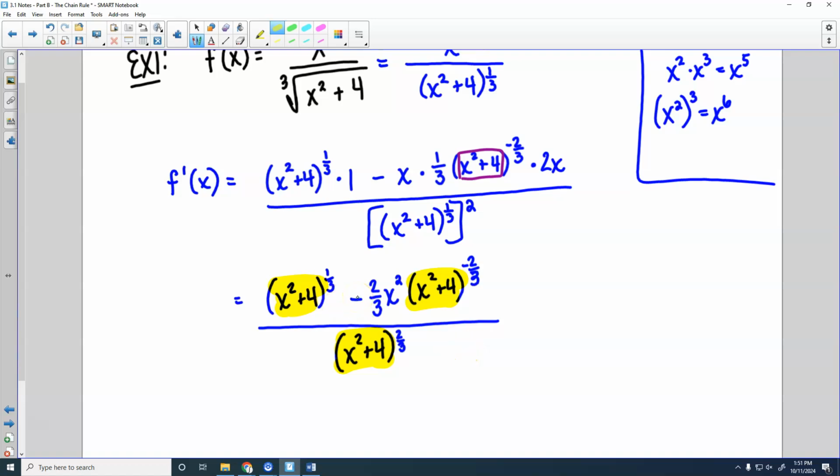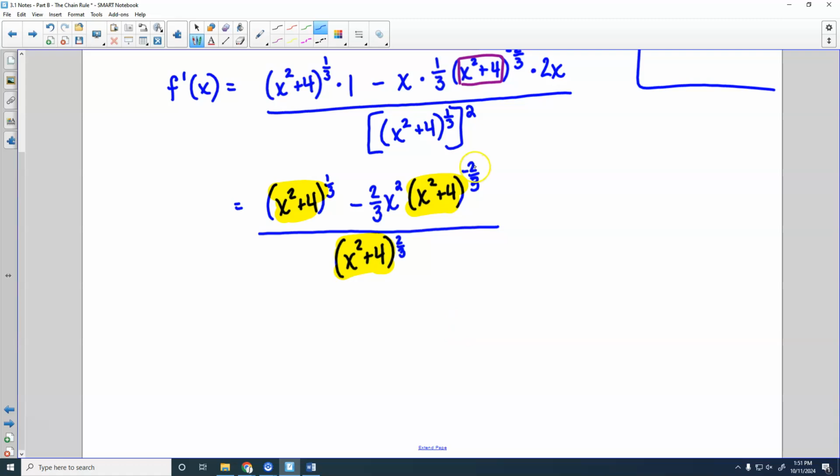So what we want to do here, we did this on some of the product rule problems as well. In our numerator, we want to factor out our greatest common factor for our x squared plus 4 terms. So you want to take the lowest exponent that you can take out, which in this case is negative 2/3.